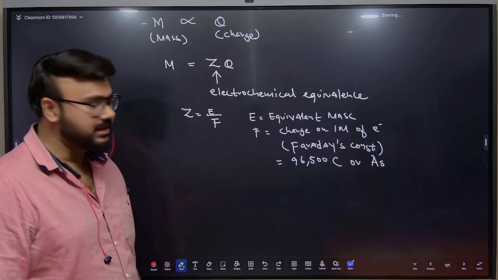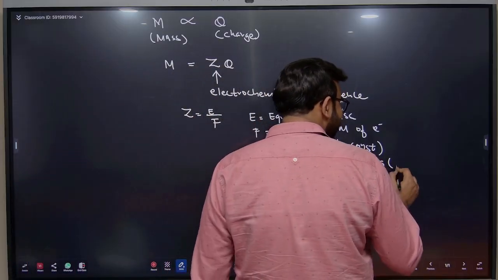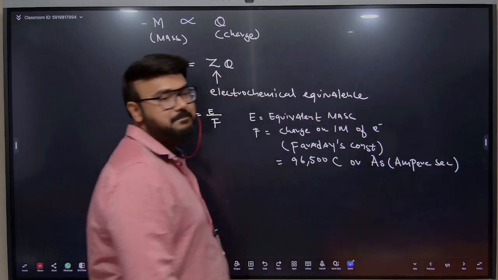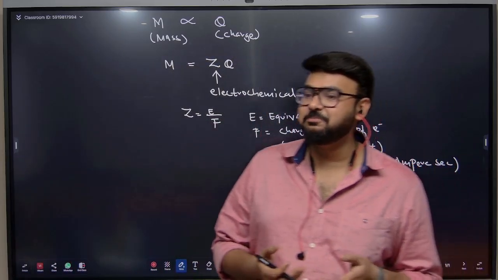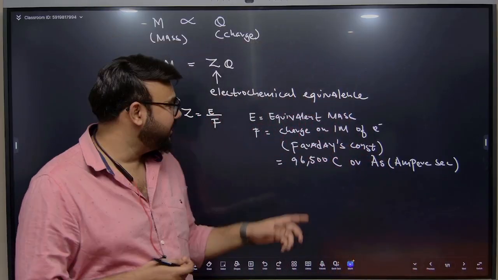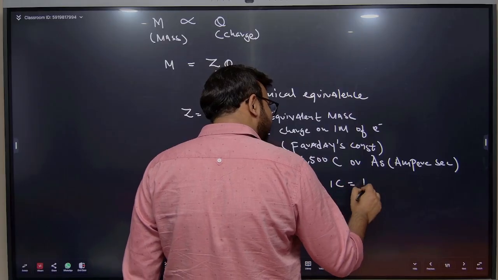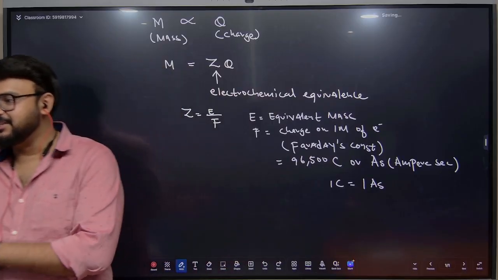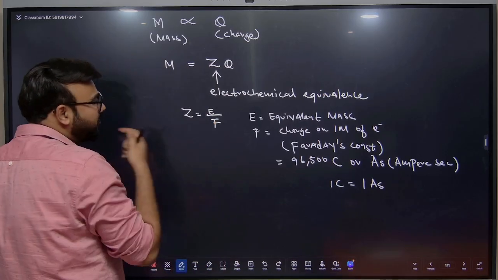C is for coulomb, As is ampere second. Remember, to confuse you, they will use the term As in the exam and you will wonder what it is. So understand, 1 coulomb is 1 As. There is literally no difference.